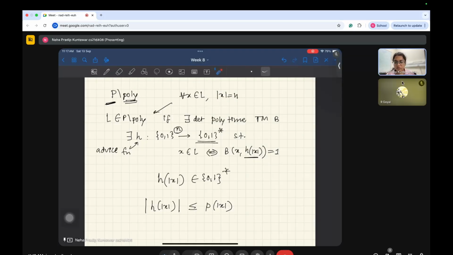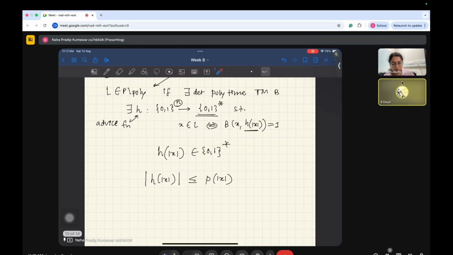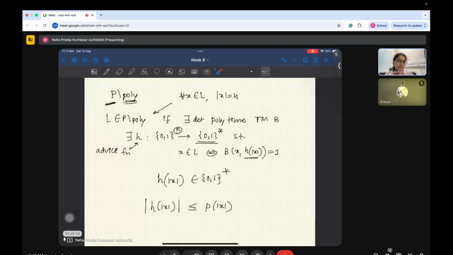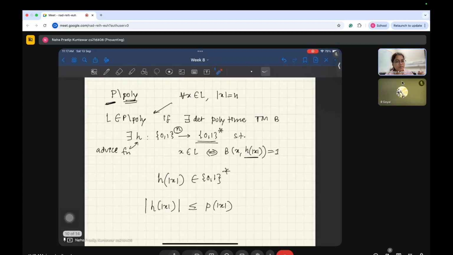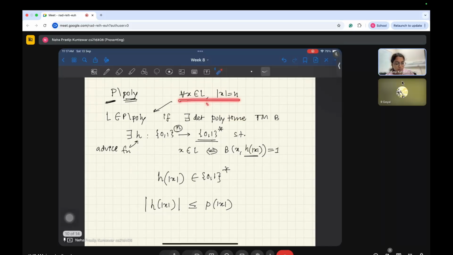For example, think of two Boolean formulas of the same length. There could be different certificates for each of them. And here the advice string is going to remain the same for all the inputs of the same length.